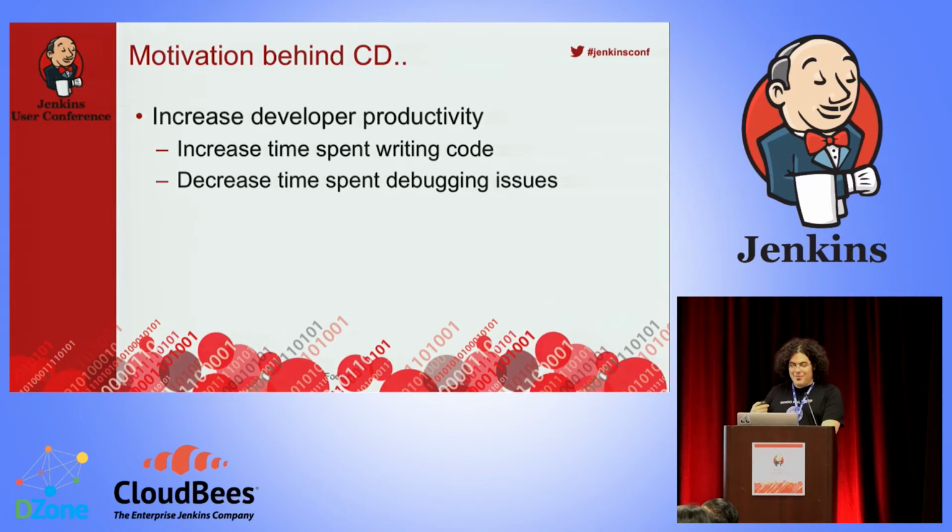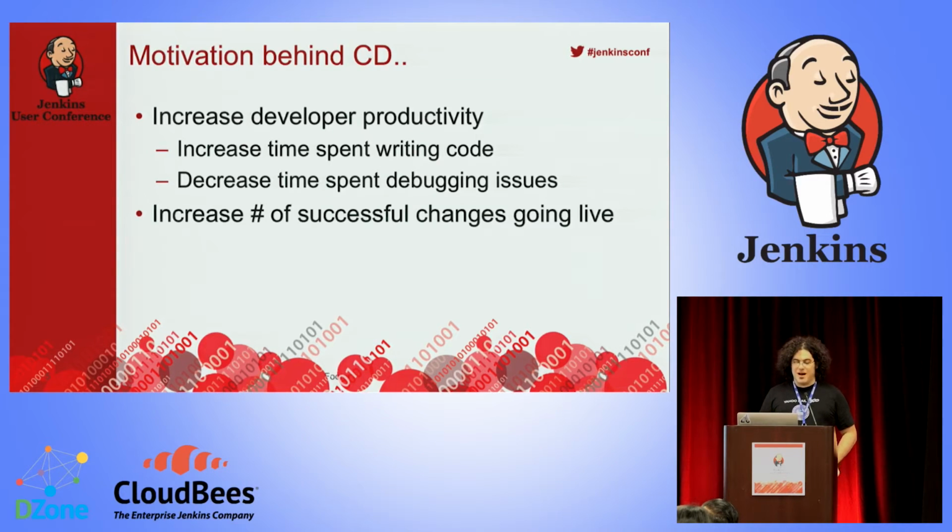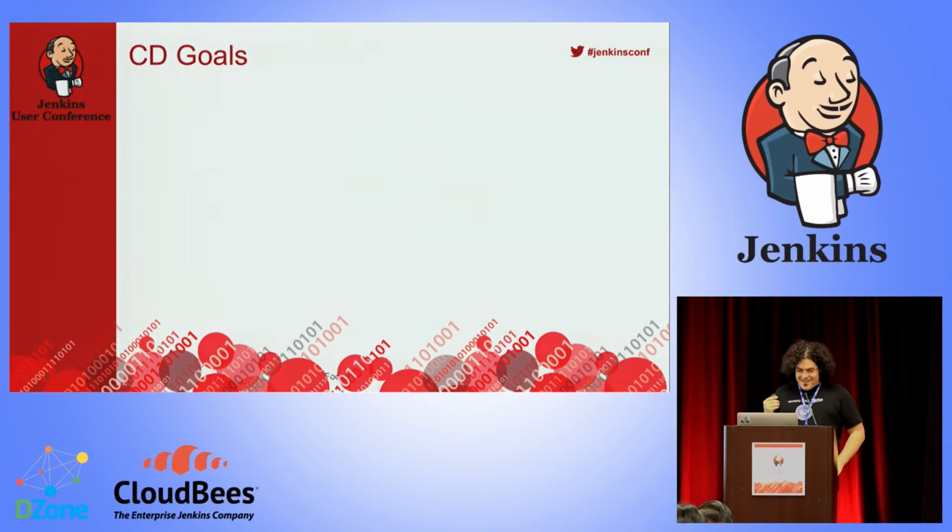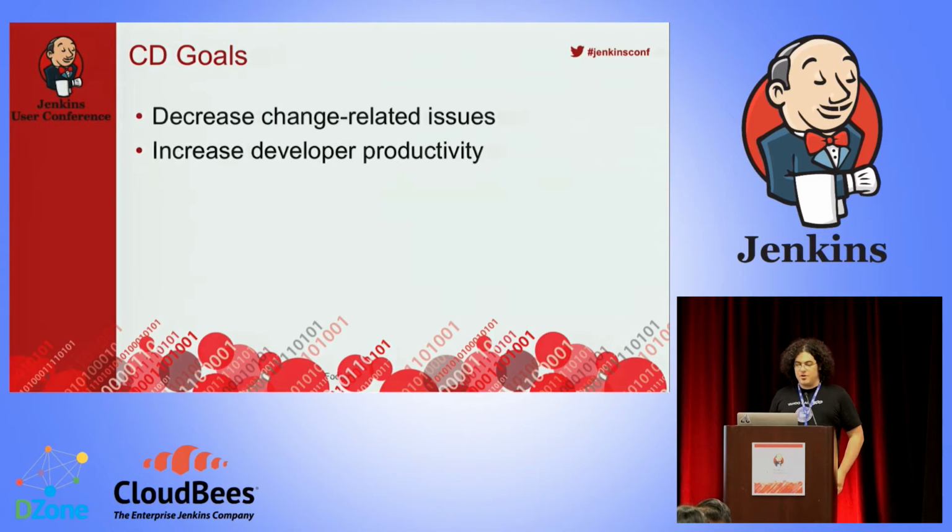In doing so, we want to make the process of releasing this code as reliable as possible. So reliable, we want it predictable, and as long as nobody messes with the systems that are set up to automate these mundane tasks, once they work once, they'll work forever. That's the theory anyways. So those were our goals, to decrease change-related issues and increase developer productivity.